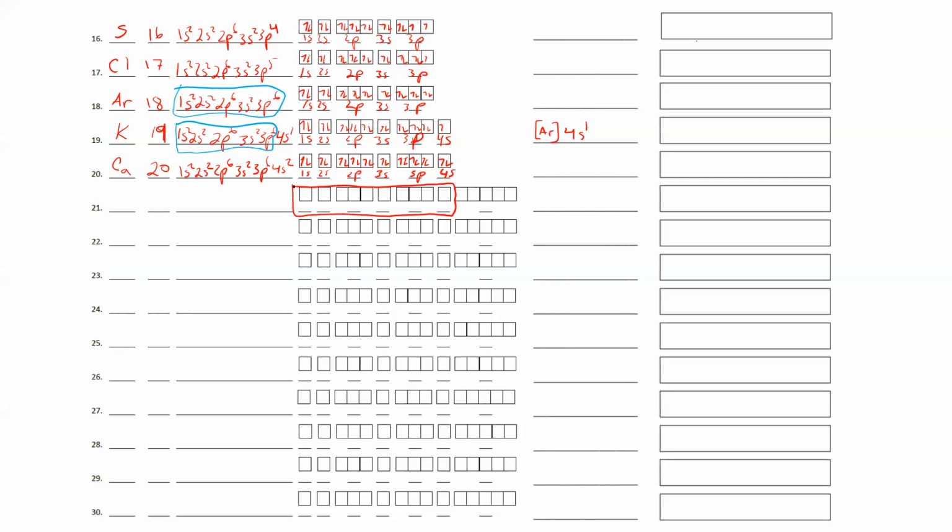So I want to focus now on just the last bit, the d electrons that we're going to put in here. So scandium is our first of the transition metals, and there are 21 electrons in it. And so it's going to have an abbreviated electron configuration of argon, 4s2, 3d1. And so all of these are going to be filled, okay?